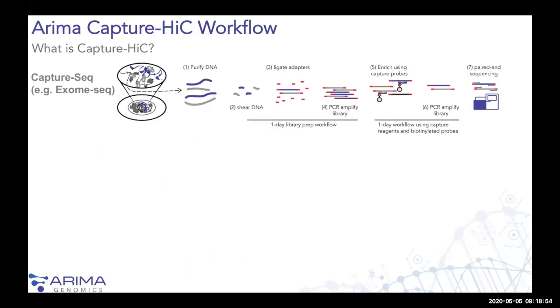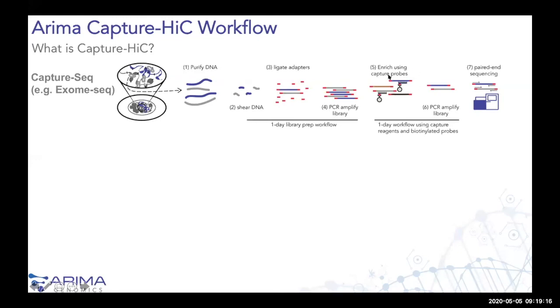I think a good way to introduce Capture Hi-C to those who are not familiar is to position it relative to more popular capture sequencing type of protocols like exome sequencing. So in a typical exome sequencing workflow, you extract your DNA, you shear that DNA, you add your sequencing adapters, and you amplify.